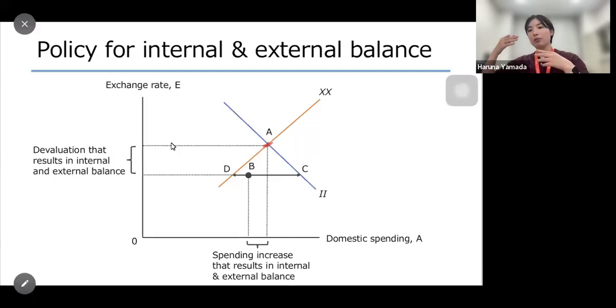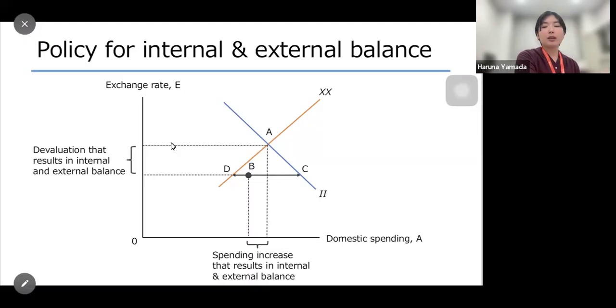So to achieve the equilibrium point A, the policymakers control domestic spending and exchange rate. First, policymakers try to control domestic spending.